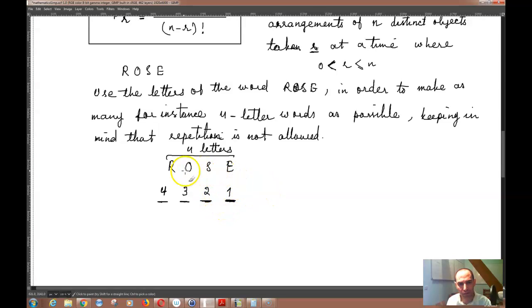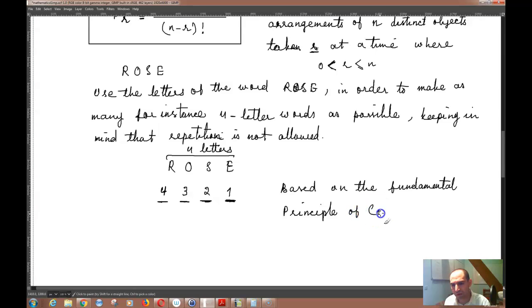And then all the different such words that you would get as a result of this experiment would be based on the fundamental principle of counting.